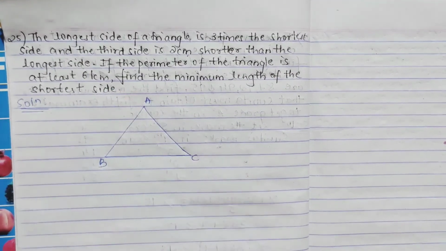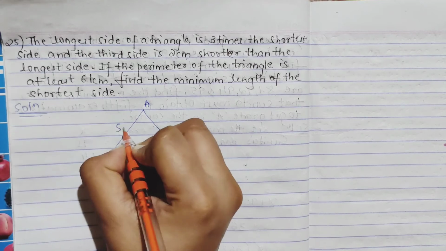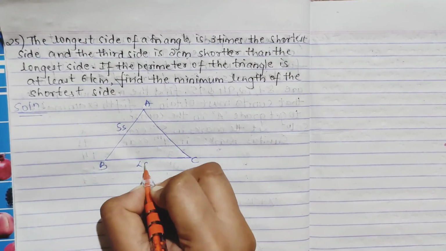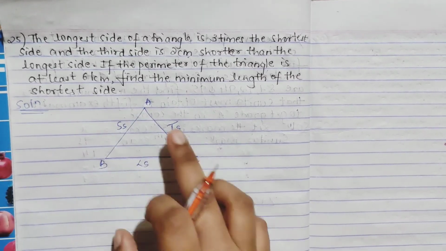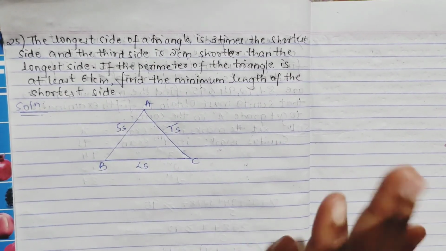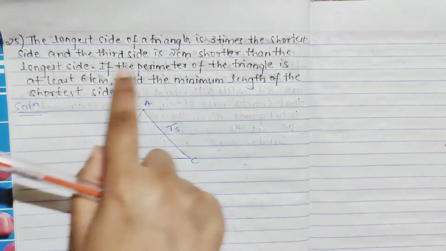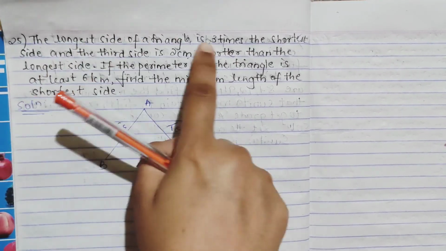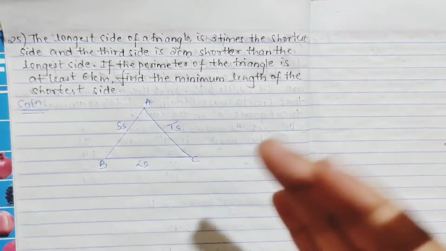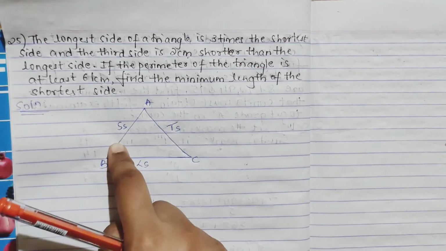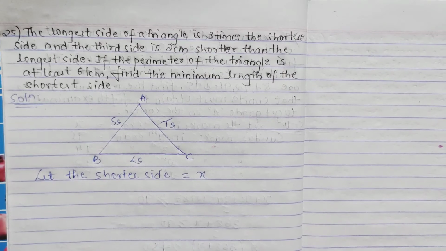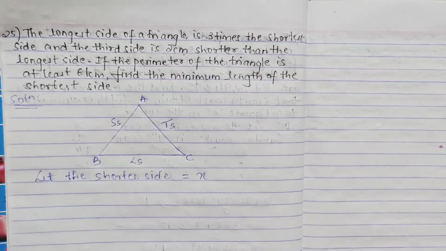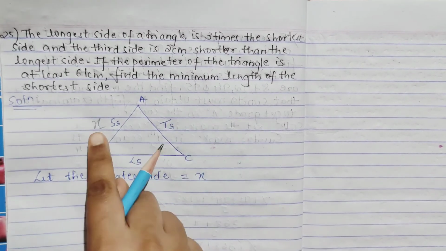First, I am taking this as the shorter side, this as the longer side, and this as the third side. Let the shorter side be equal to x.